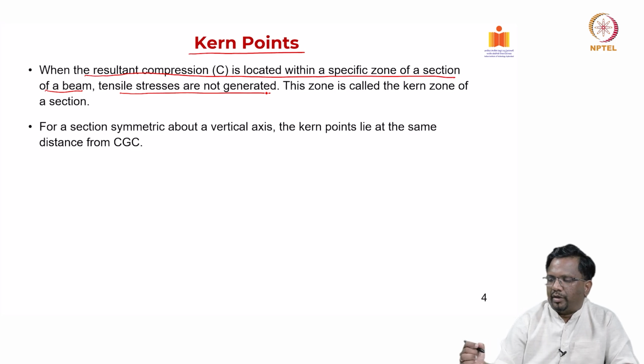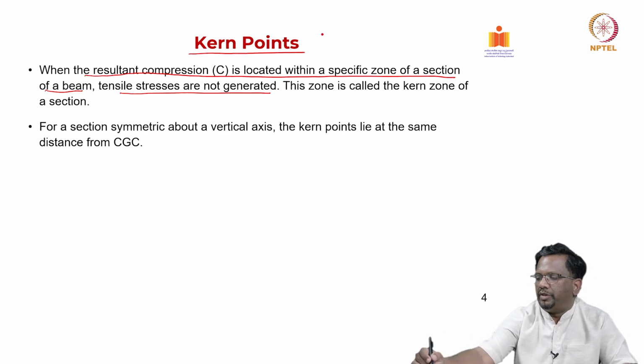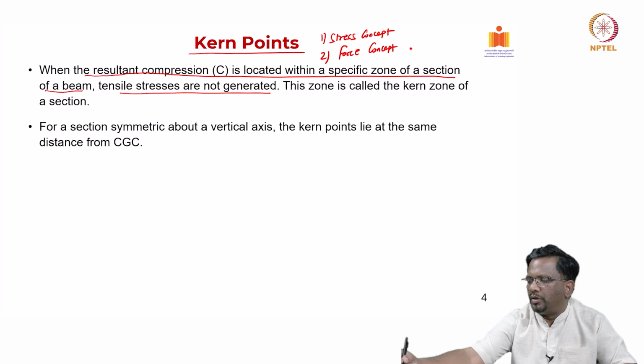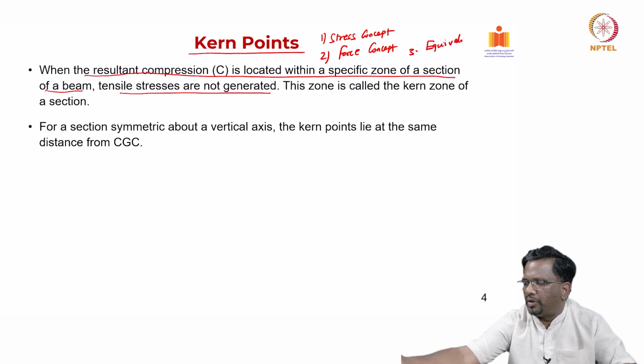Now, again, we looked at three concepts of analysis, right. So, we studied the stress concept, the second one is the force concept, and the third one is the equivalent load concept.